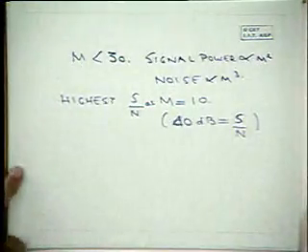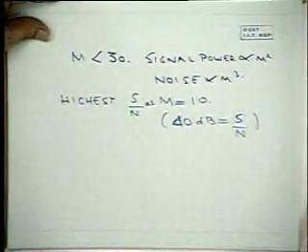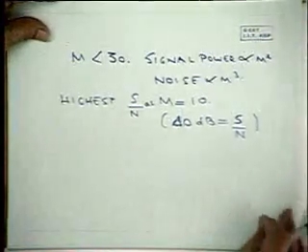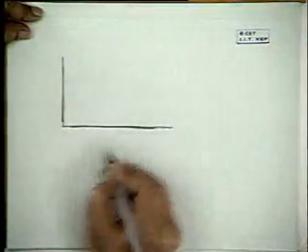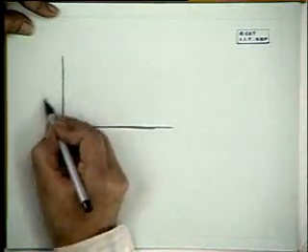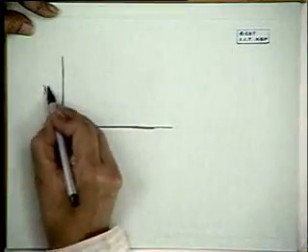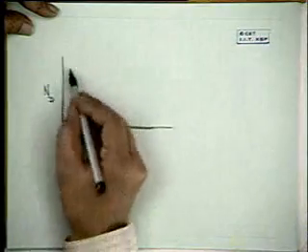A typical structure, I can draw some structures, for example. One can have, in order to optimize the gain bandwidth product, this is just a doping concentration, ND or NA.